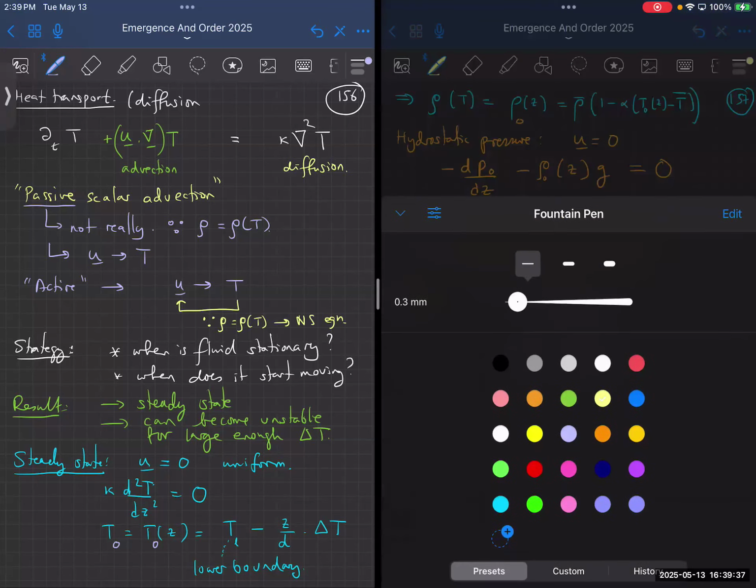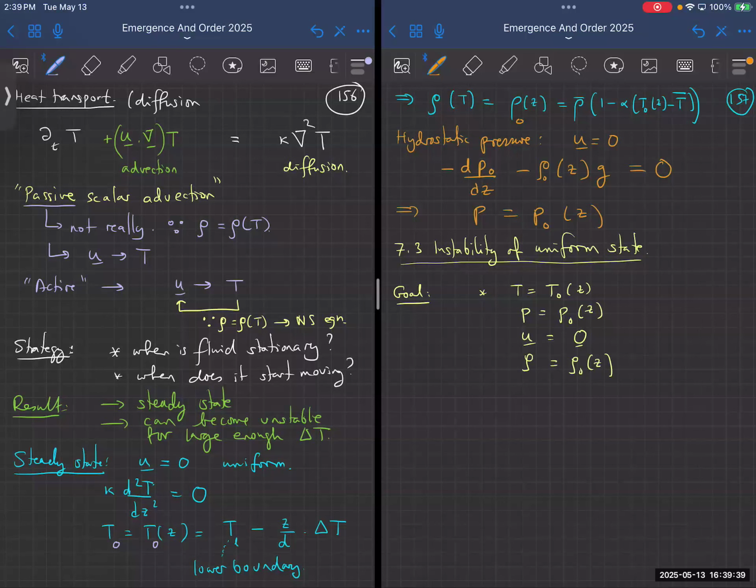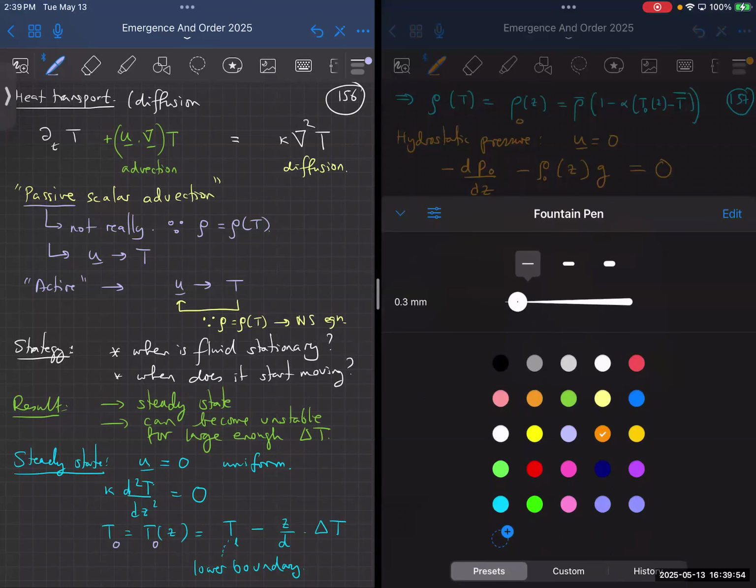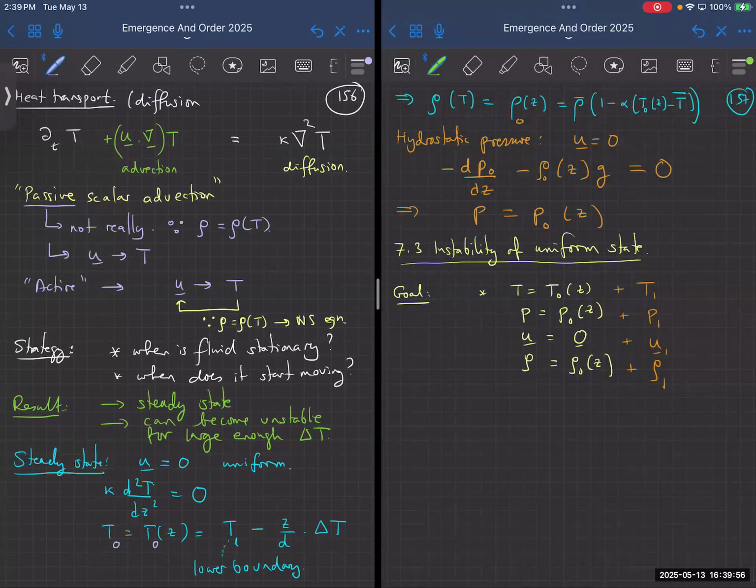And then what I'm going to do is add to these terms a T1, a P1, a U1, and a rho 1. So these are the perturbations around these steady states.